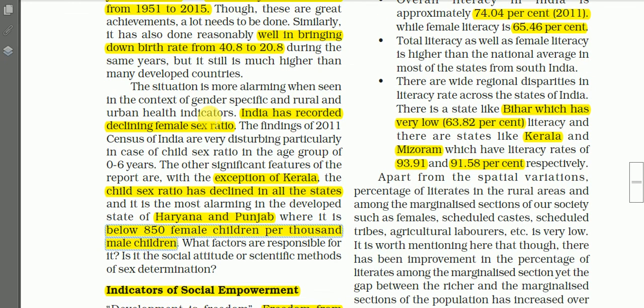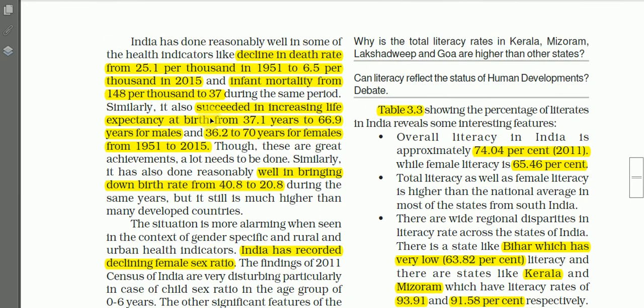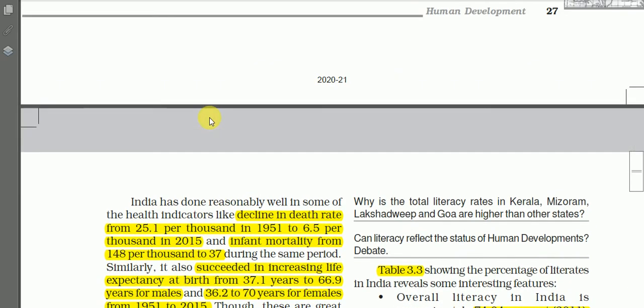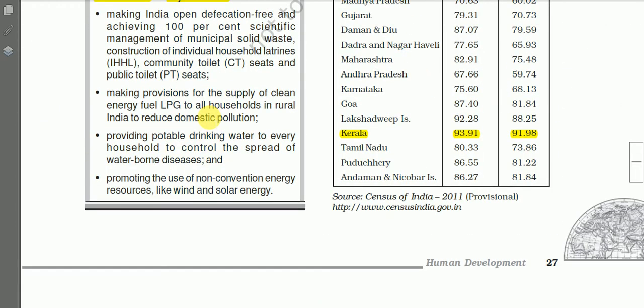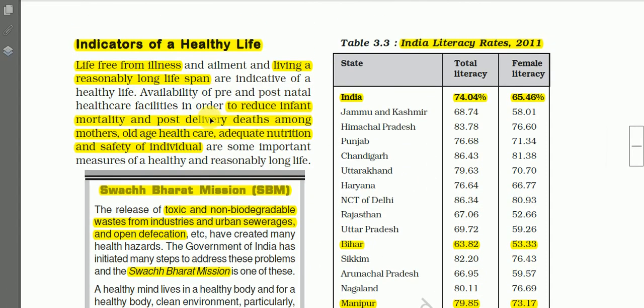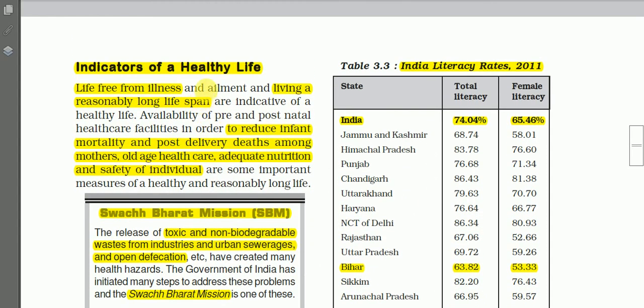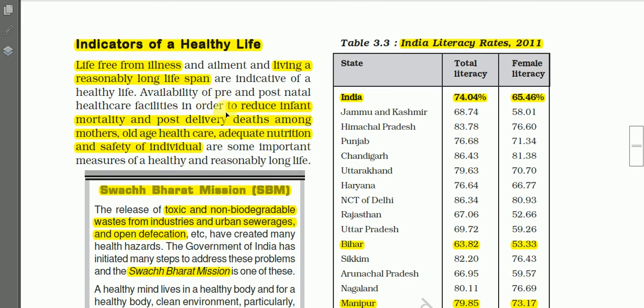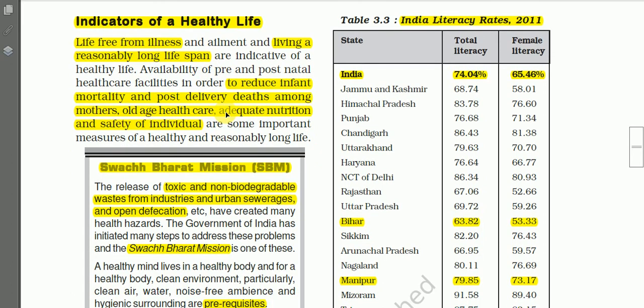And remember, the indicators used to measure a healthy life are those facilities to increase healthcare, given here, to reduce infant mortality and post-delivery deaths among mothers.